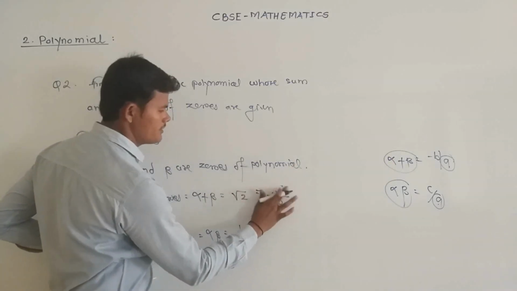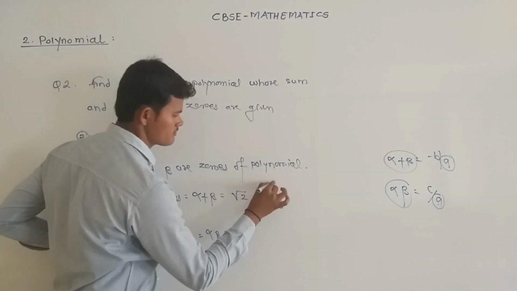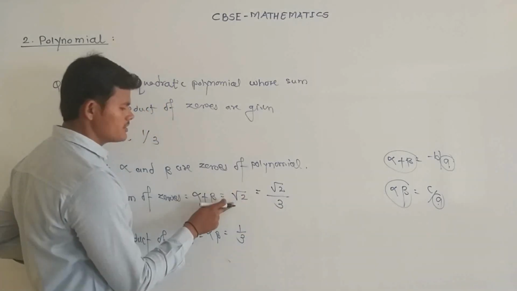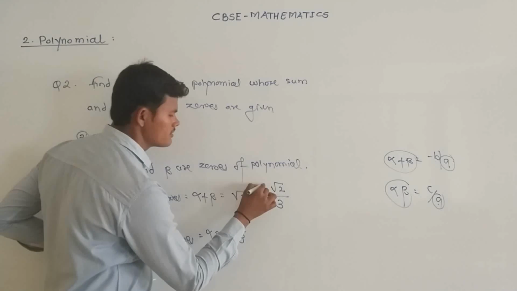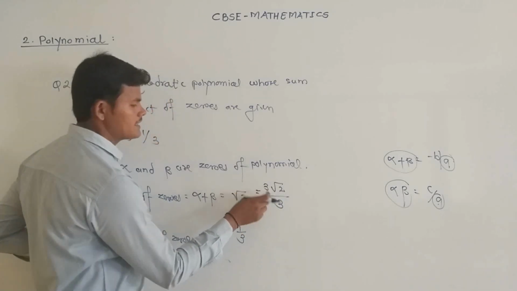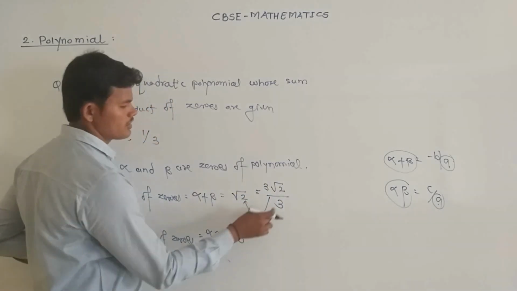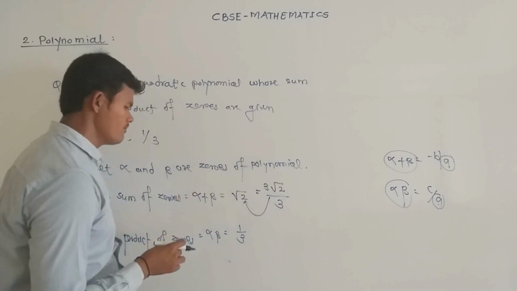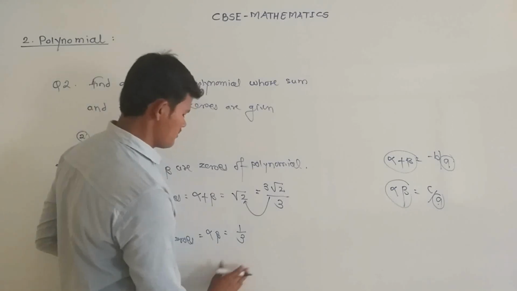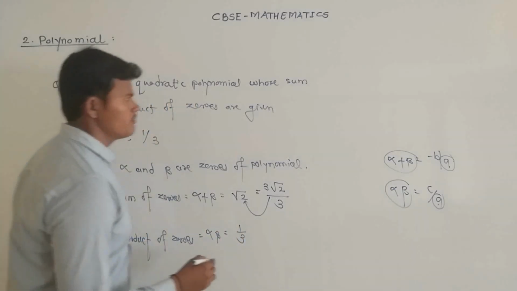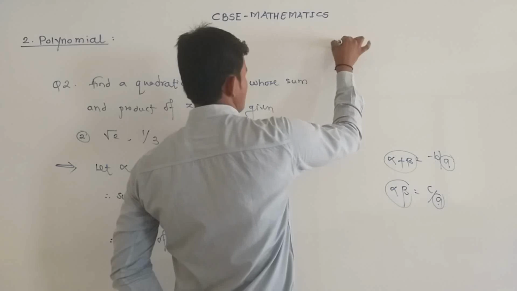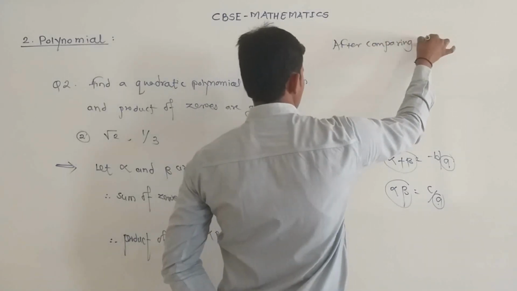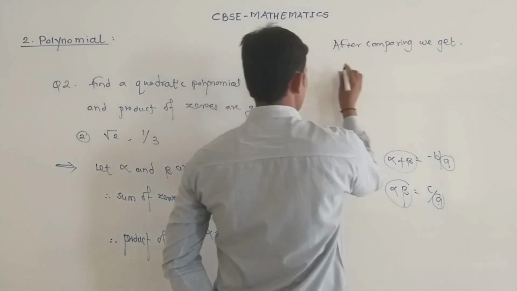So here I write under root 2 divided by 3, but the sum is under root 2, so we have to write 3 in the numerator because its simplest form is under root 2. After cancelling 3 we get under root 2. Now comparing, we get the values of a, b, c.